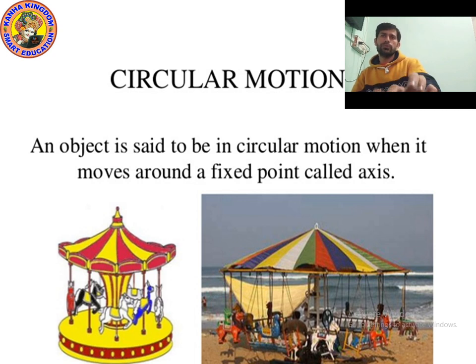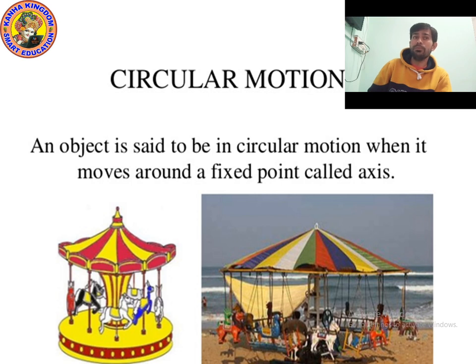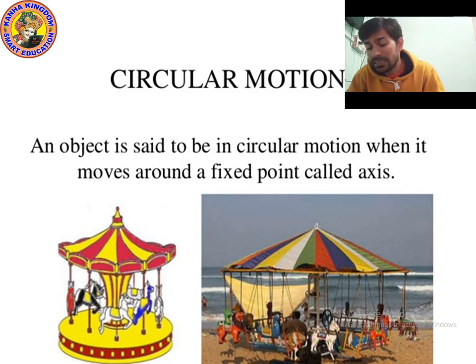So, what is circular motion? An object is said to be in circular motion when it moves around a fixed point, which is known as the axis.